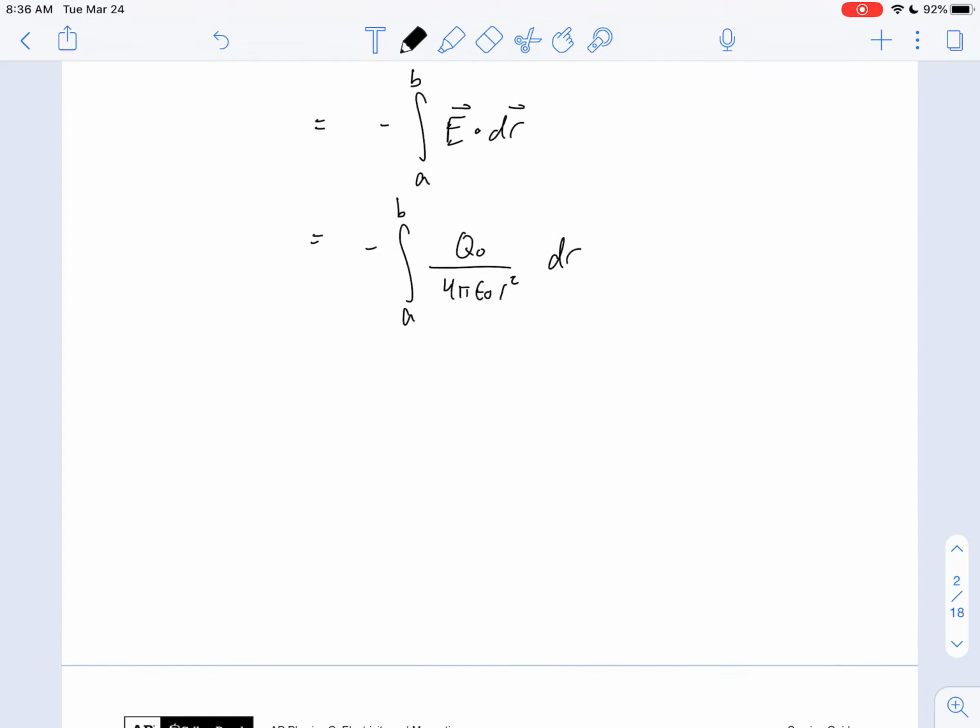So then we can pull things out of that integral. Actually, I didn't pull anything out of the integral. We have a negative Q naught over 4 pi epsilon naught, and then in the integral we have a 1 over r squared dr.